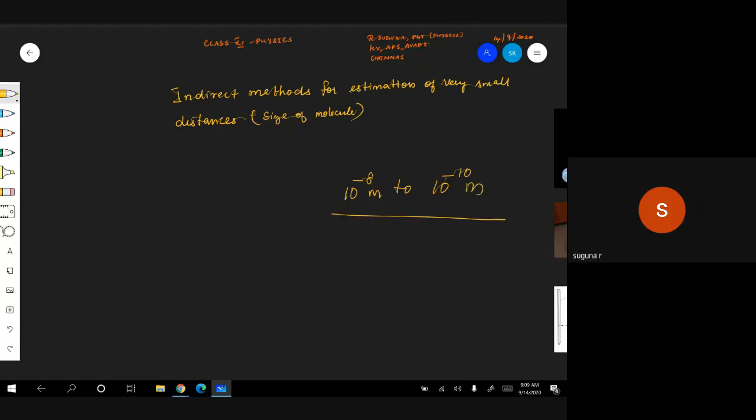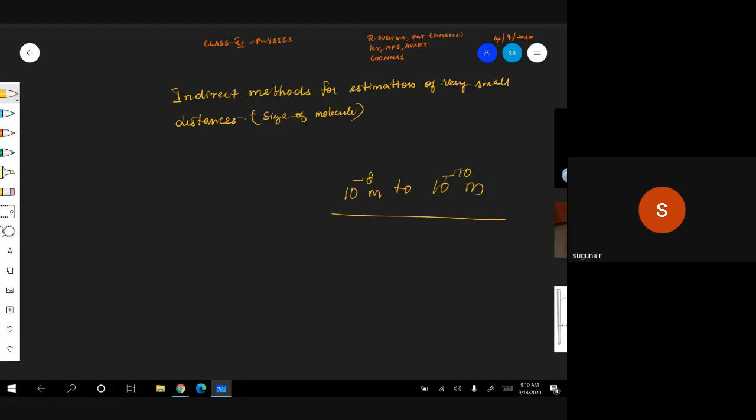Therefore, you cannot use the ordinary optical microscope to find out the size. Why? Because the optical microscope, after all, uses light. What is the wavelength of the light? The visible spectrum varies from violet to red.